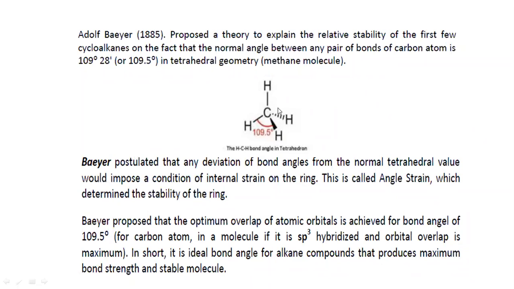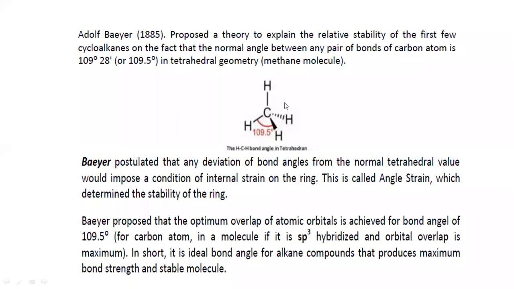Now, when a carbon atom having valency 4 is joined with 4 atoms, that is in the sp3 hybridized state with tetrahedral geometry, the bond angle between the two atoms joined with the carbon atom is the normal bond angle, that is 109.5 degrees.